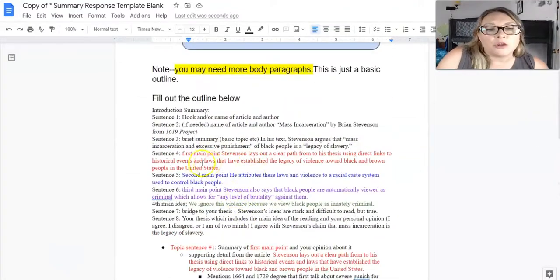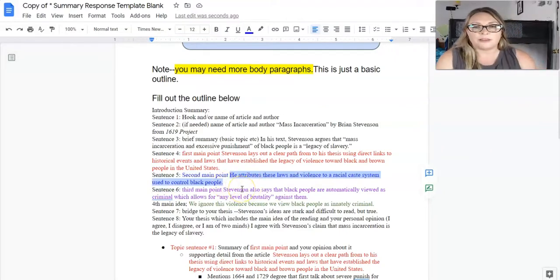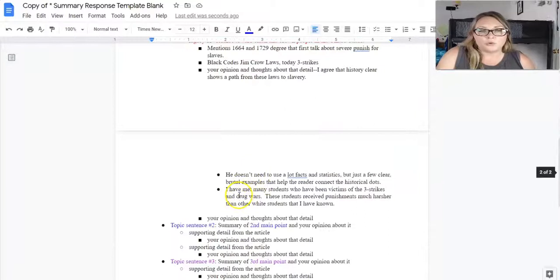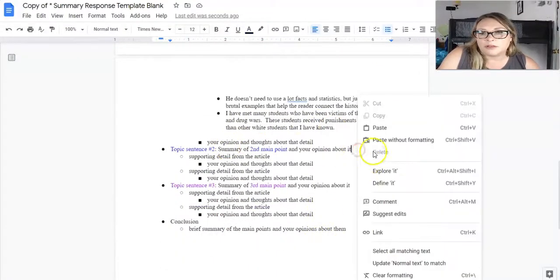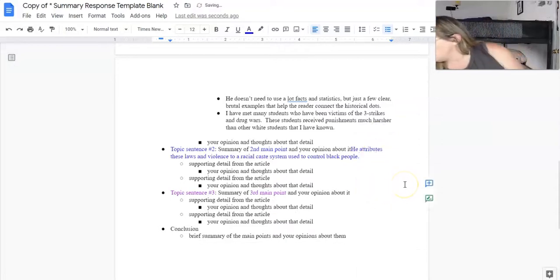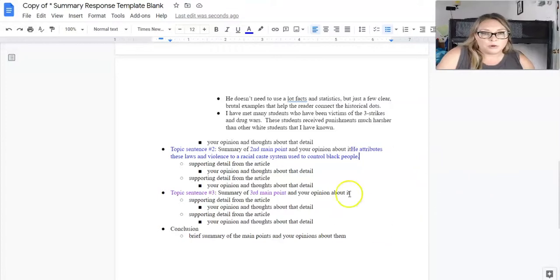Okay, so now I'm going to go with my second main point. His second main point is that he attributes these laws and violence to a racial caste system used to control Black people. I'm going to paste that in there, and I'm going to put my opinion about that idea. You could even add some quotes, some supporting details from the article.